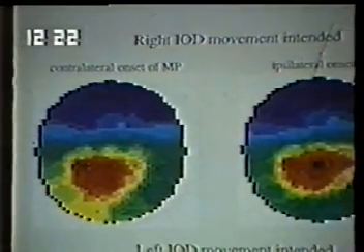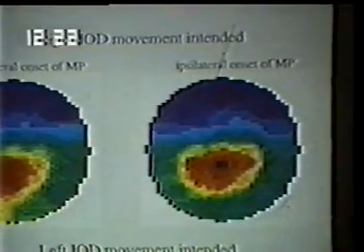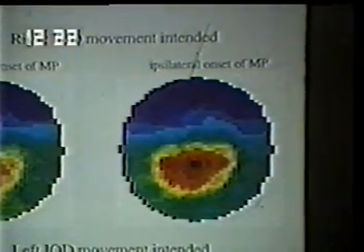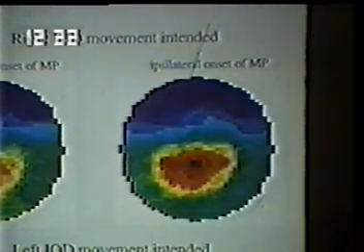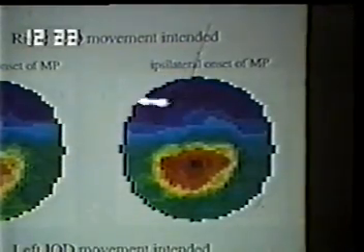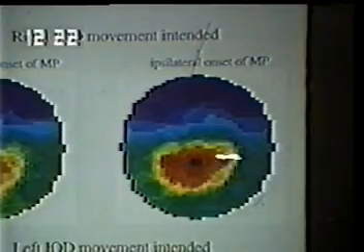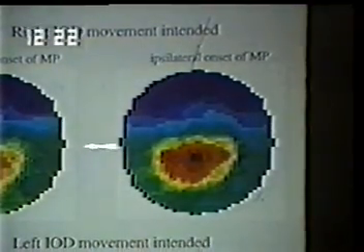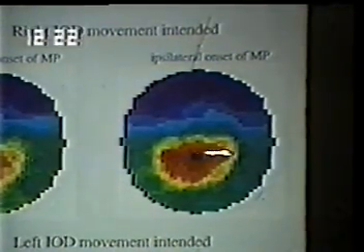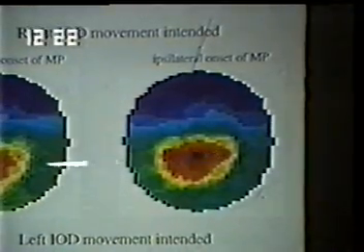The movement of the left hand occurs very shortly thereafter, and at that moment, which is about 10 milliseconds later, this has become more generalized so that the peak of the negativity is now in the midline.